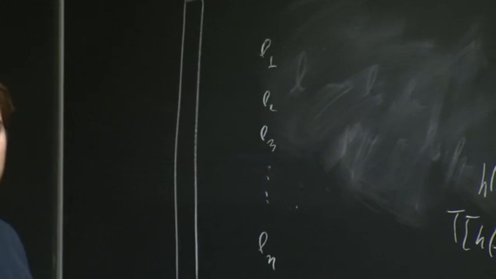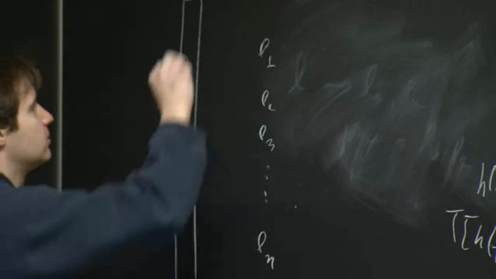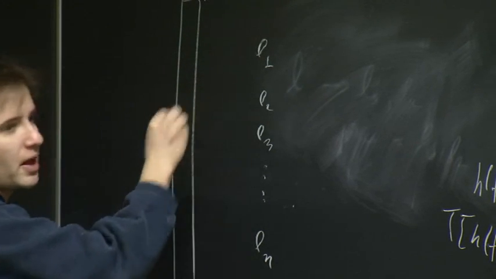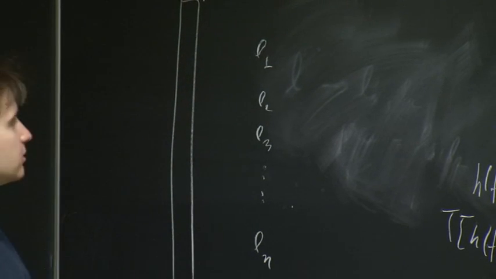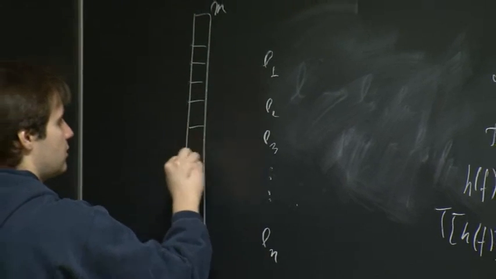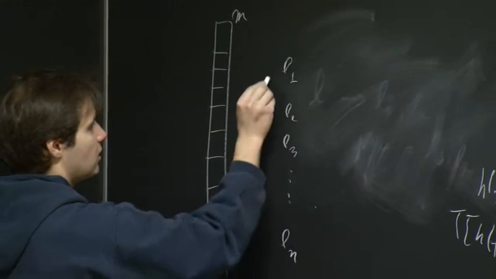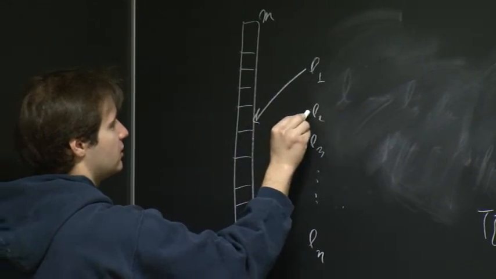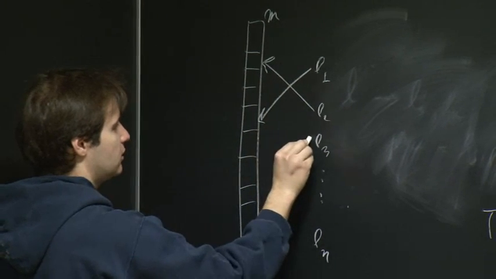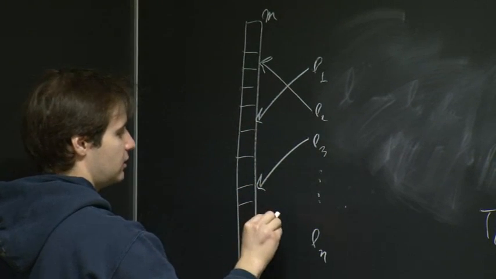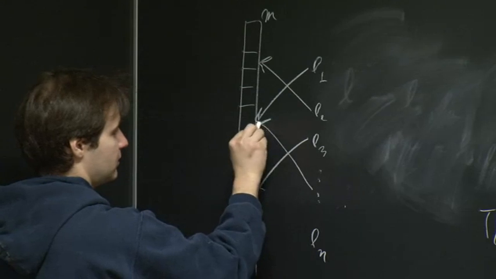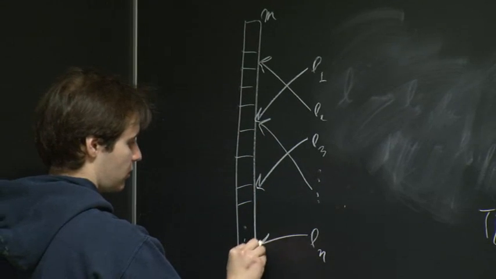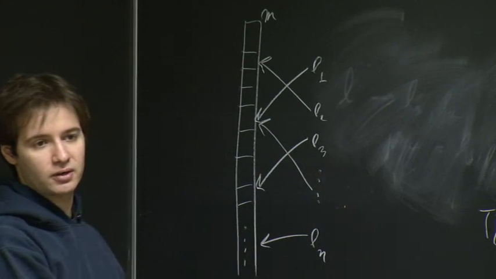How do we put them in the table? We hash each of them, and each of them maps to a random slot in the table. So if these are the slots, then E1 might map here, E2 might map here, E3 might map here, E4 might map here, and so on and so forth. So I have arrows, right?